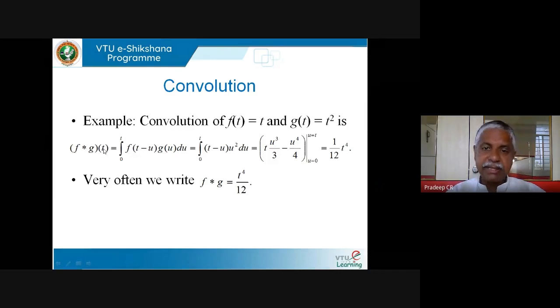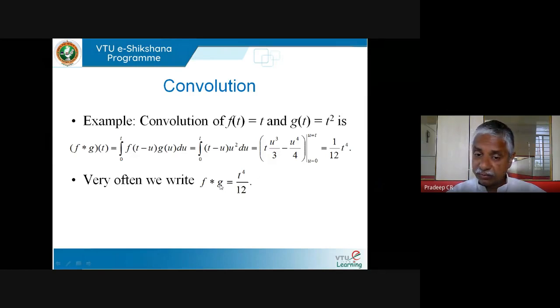I will just write f star g is equal to t power 4 by 12, even though f star g is a function of the independent variable t. That means you have to understand that this is a function whose running variable is t, and the expression for this function is t power 4 by 12.